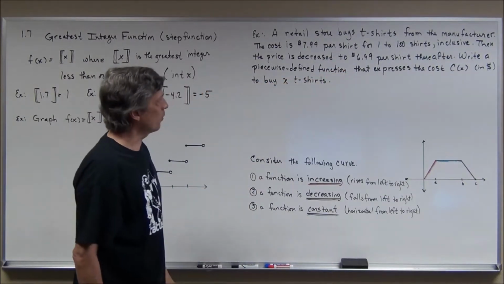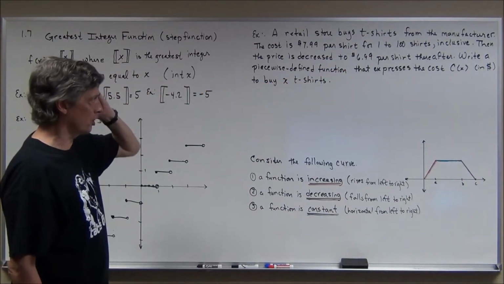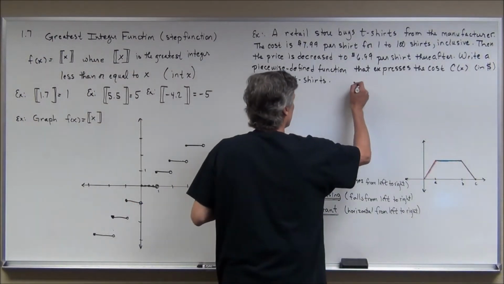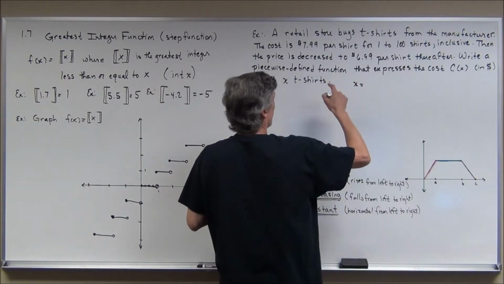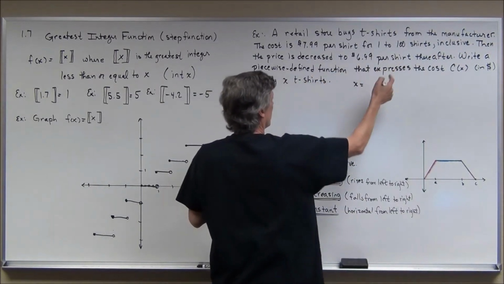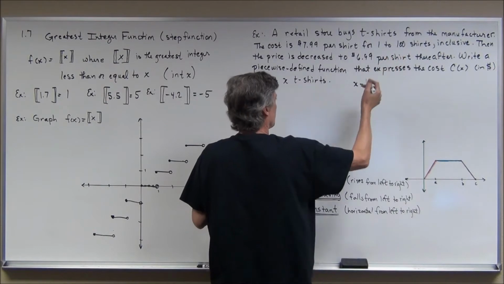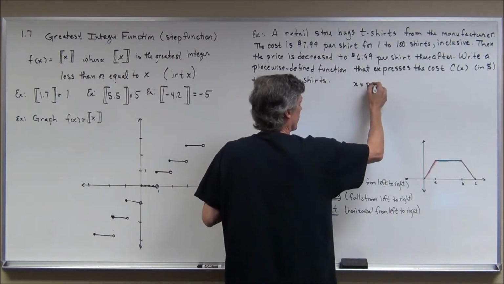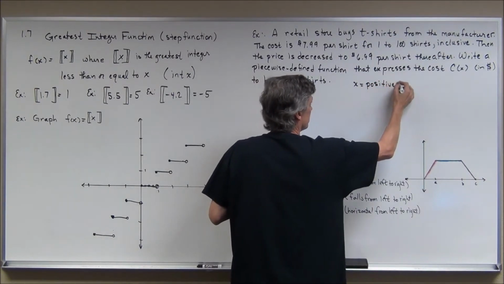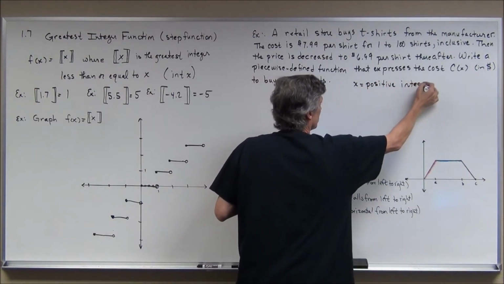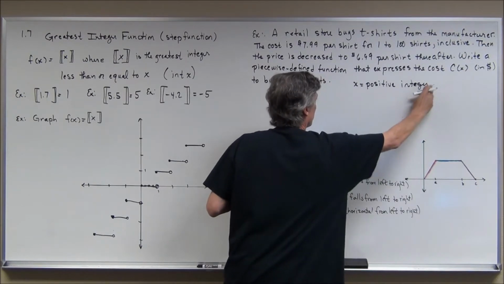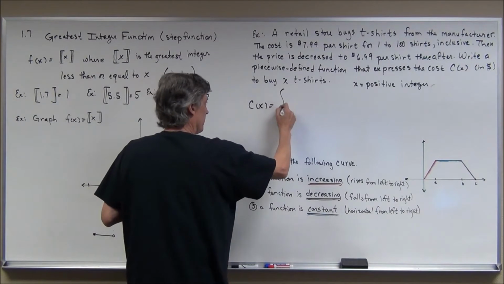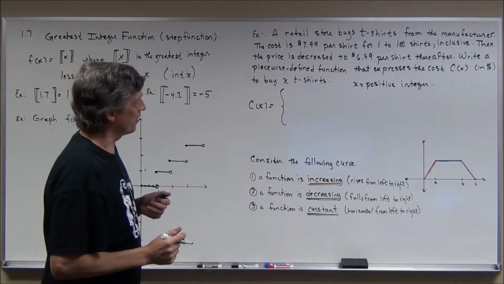You're going to write a piecewise defined function that expresses the cost, C of x, in dollars to buy x shirts. Since we're going from 1 to 100 and we don't have 1.5 t-shirts, we're going to let x be a positive integer, a natural number, because it represents the number of shirts. So C of x is going to be a multi-ruled or piecewise defined function.